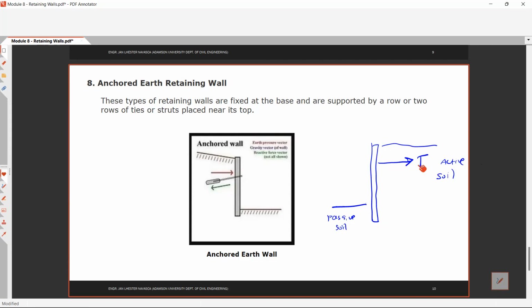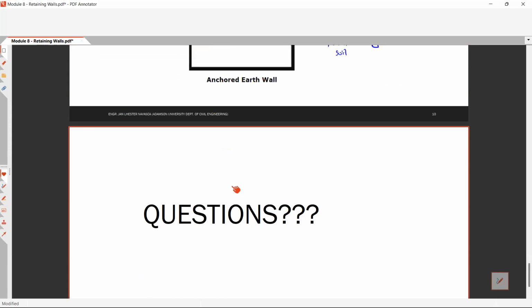These anchored struts, yung struts dun sa within the backfill, will give additional strength in tensile force in your retaining wall. So kunwari, medyo mahina yung tensile capacity nung ginamit mong material for retaining wall, maybe you can use this anchored earth retaining wall. So maglalagay ka lang ng parang tensioner or struts dun sa loob ng backfill. Okay? So that is the anchored earth retaining wall.